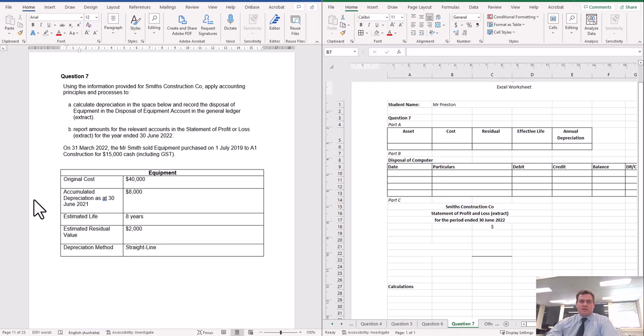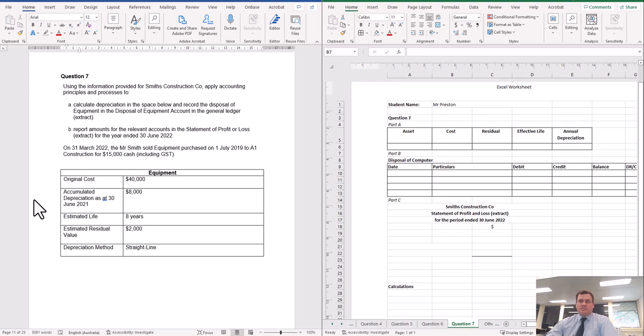Third, close the accumulated depreciation, including the depreciation for the current year, off to the disposal account. The fourth step then is to record the consideration on disposal, and then finally calculate the gain or loss on disposal. So that's the 5-step process that we're going to apply to do this question.